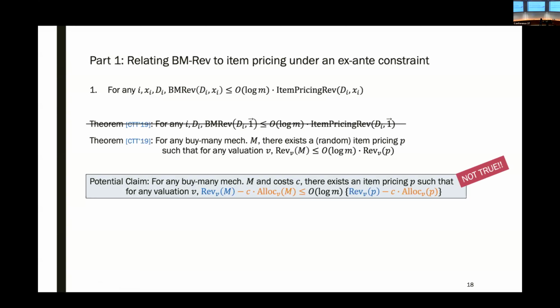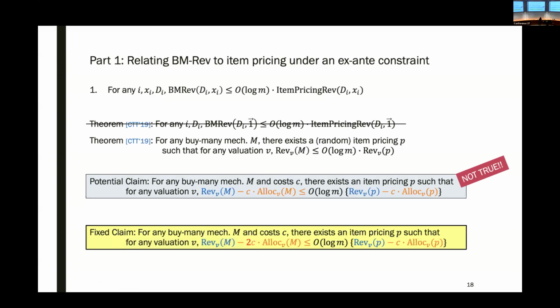So this is simply not true, but we can do a slightly different version of this. We can penalize the by many mechanism a little bit and show that for any cost vector C, there's some random item pricing which, if it faces smaller costs relative to the mechanism M, can recover a good fraction of the profit of M.